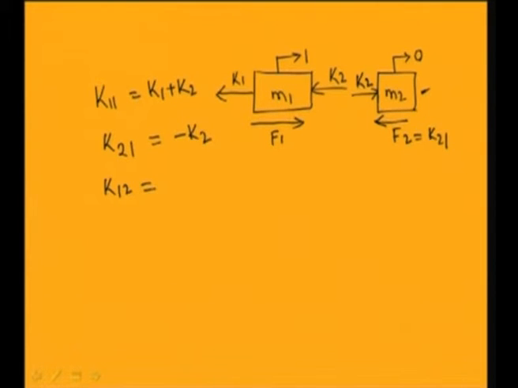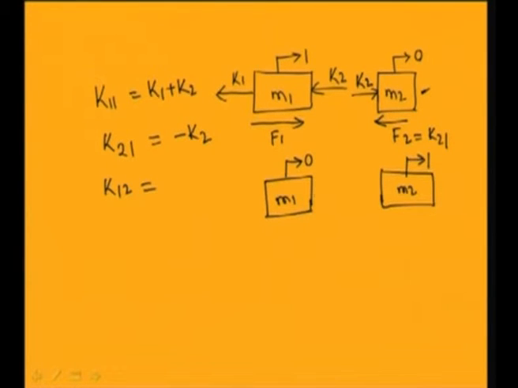Now K12, I can draw the free body diagram. This is the free body diagram for this mass M1, this is mass M2. In this case, as mass M1 has 0 displacement and M2 has unit displacement, the K1 spring will not be displaced, it will be stationary, so it will not exert any force on mass 1. But the spring between M1 and M2, that is K2, will be pulled by an amount unity.